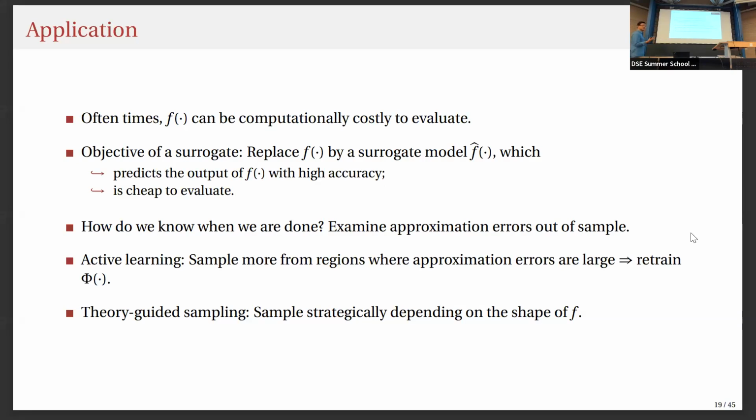When you draw this new data, you put it into your training set and refit the model, potentially even with a different architecture, adding more layers or more width to the network, and get a benefit that way. This is obviously an iterative process, and you would stop when some stopping criterion has been met.